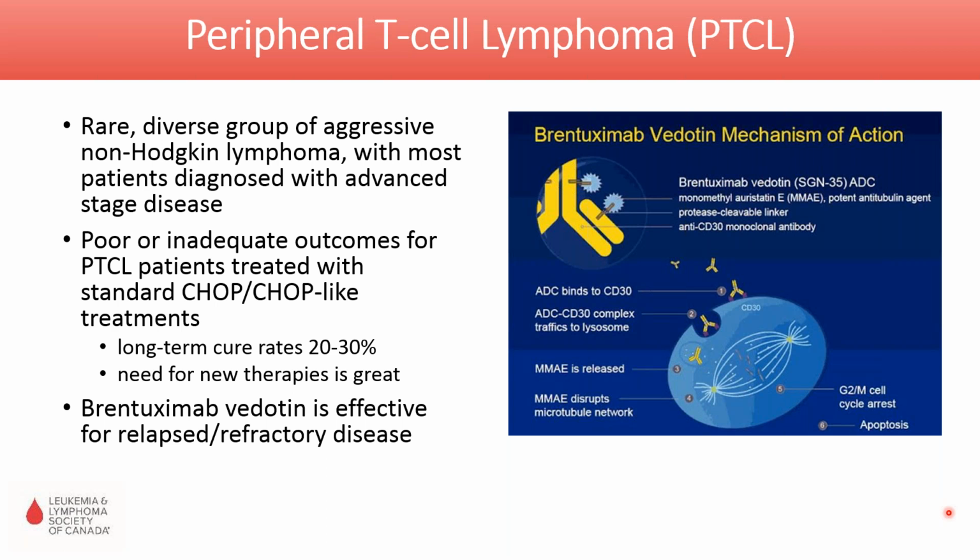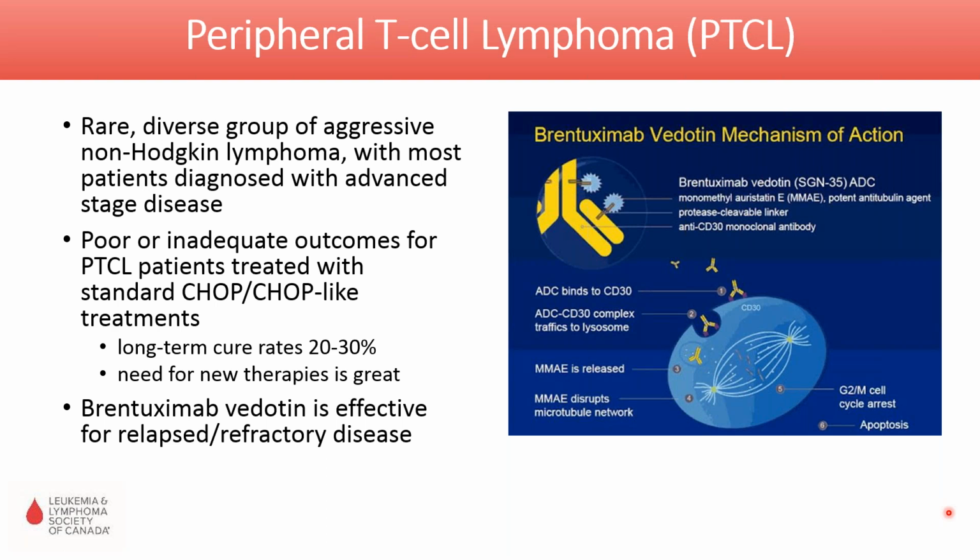And generally, we've just been giving them treatment that we normally give for B-cell lymphomas, just without the rituximab. Rituximab is specifically for B cells. So T cells are generally treated with CHOP or some other CHOP-like treatment, and the cure rates are not very good. We're talking a third of patients at most are going to be in remission long-term. So we really need new treatments for this group of patients.